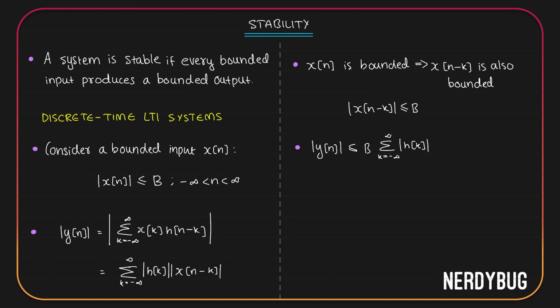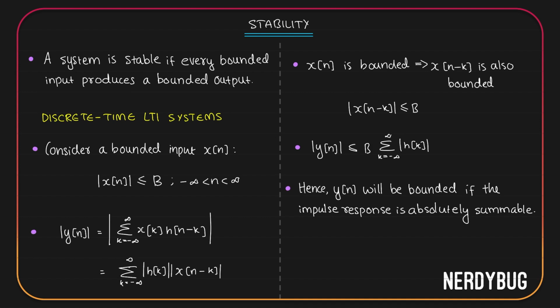Now the condition for the system to be stable is that y[n] should be bounded, or the magnitude of y[n] should be finite. This part is already finite, it's B. Now if this part is also finite, then the magnitude of y[n] will be finite and our system will be stable. What we can conclude from here is that y[n] will be bounded if the impulse response is absolutely summable, which means the summation will have a finite value, not infinite.